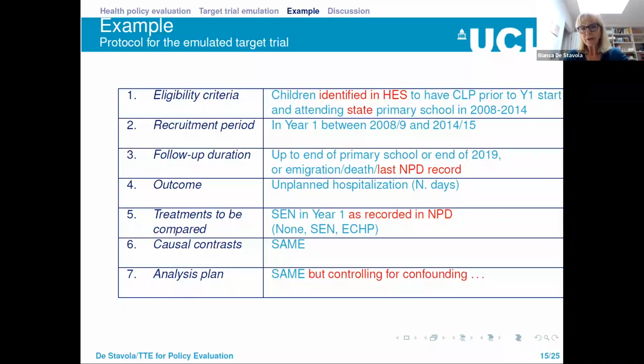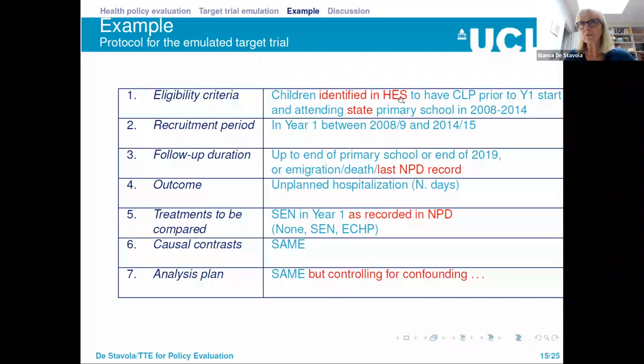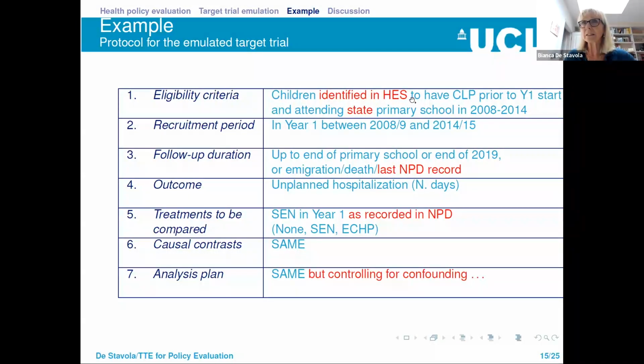And the hospital health record allows us from birth onwards to identify those with certain conditions. So through the records in HES, the Hospital Episode Statistics database, we can identify children with this condition before school starts, before year 1.